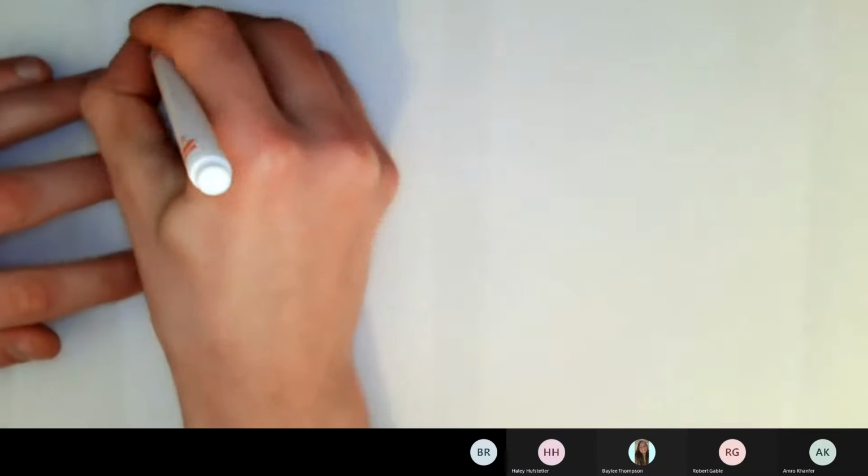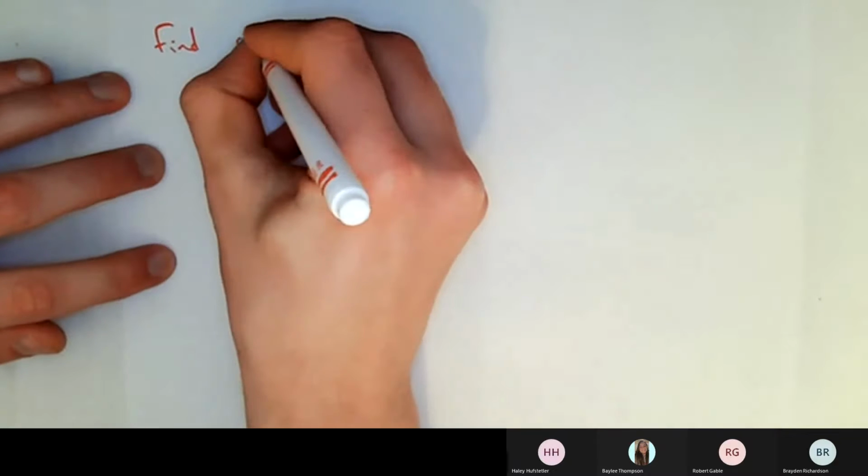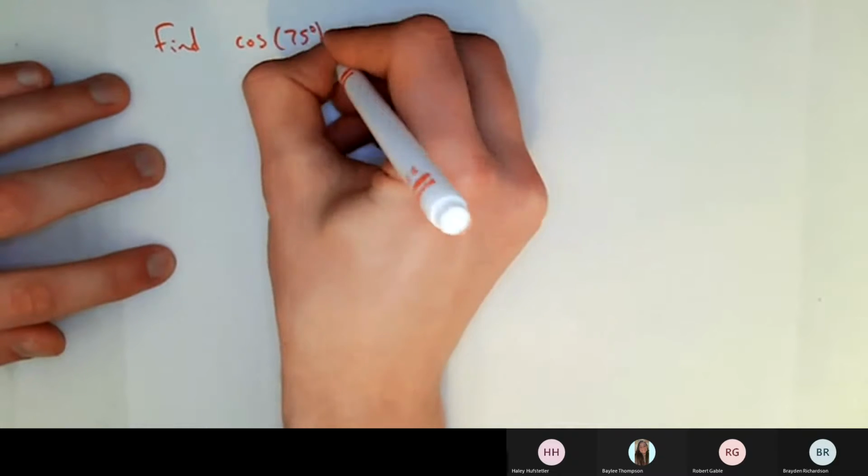Things like cosine of 75 degrees. So, rewrite this here: find cosine of 75 degrees.